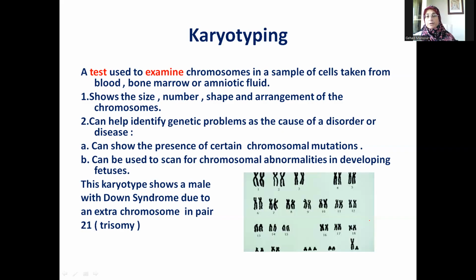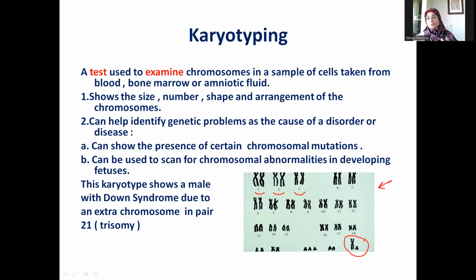The importance of karyotyping is that here, for example, you have a human karyotype that shows you pair number 1, pair number 2, pair number 3, etc., until we reach the last pair, pair number 23, which is the pair of sex chromosomes. And here it's obvious that we have a large X chromosome and a small Y chromosome.